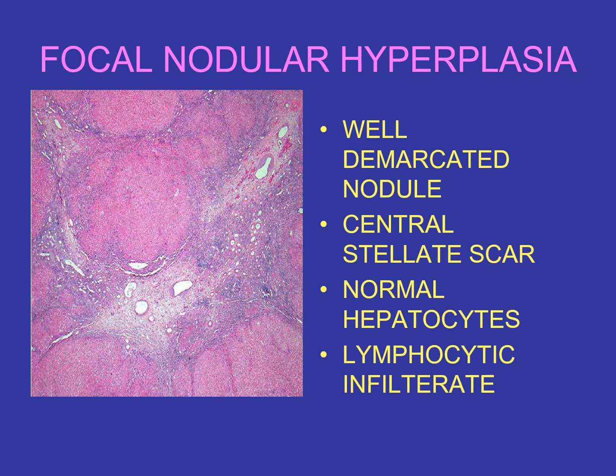This is usually a well demarcated nodule with a central stellate scar, and the hepatocytes are arranged around that stellate scar, normal looking hepatocytes, plus there is a lymphocytic infiltrate as well.